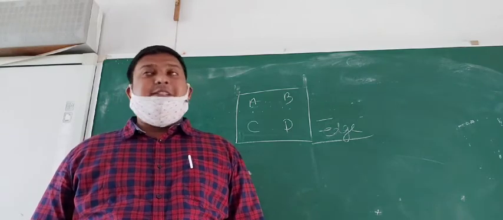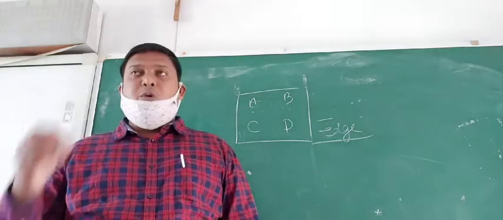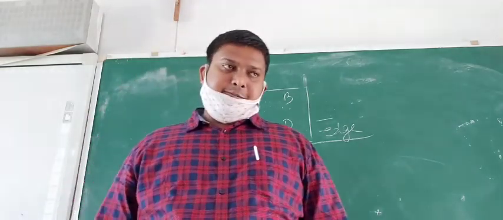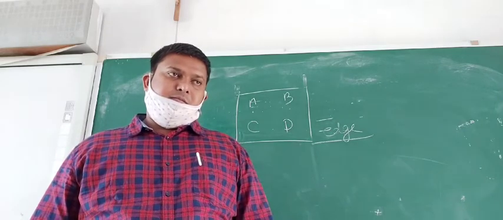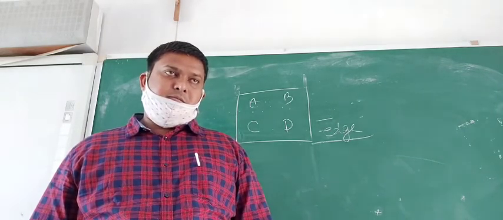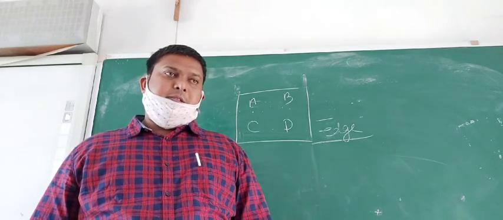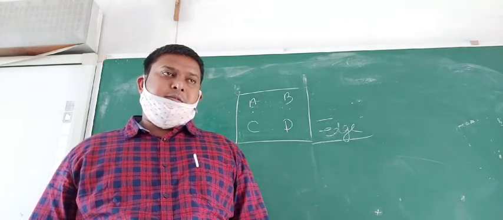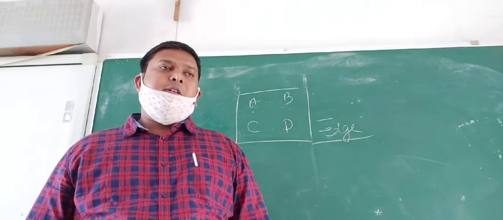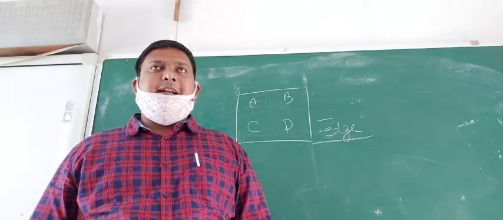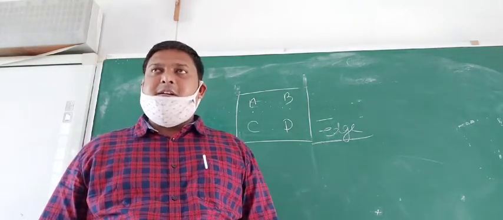It displays the horizontal sides, that means it displays the above and below both side edges. Then what is the next value? V sides displays the vertical sides, that means left and right.